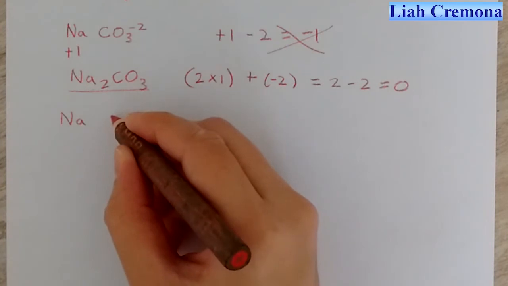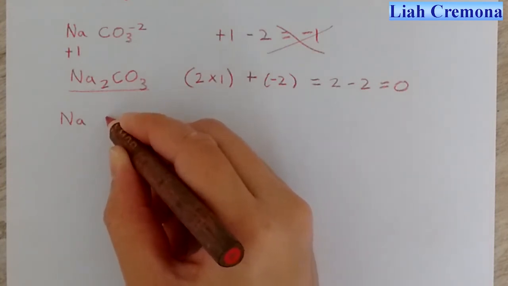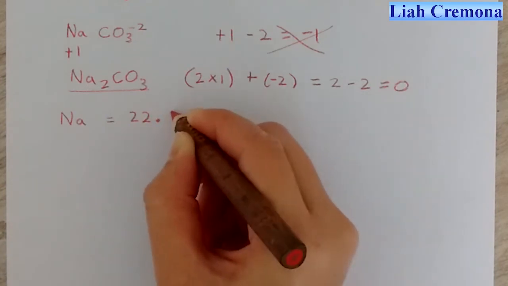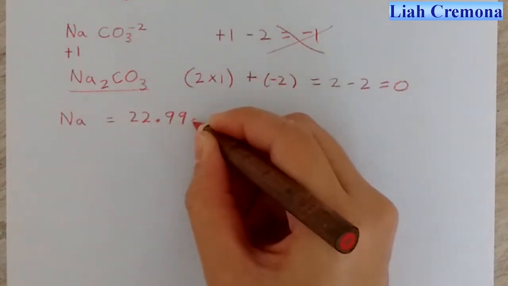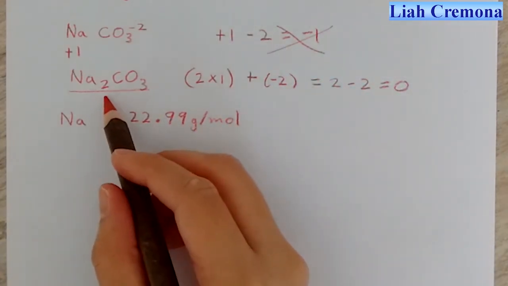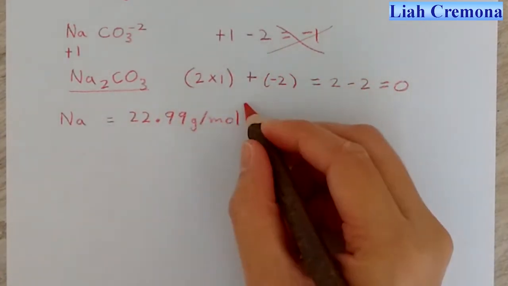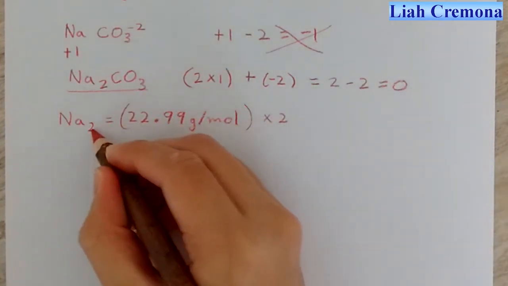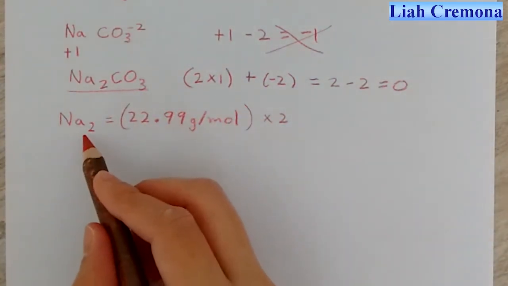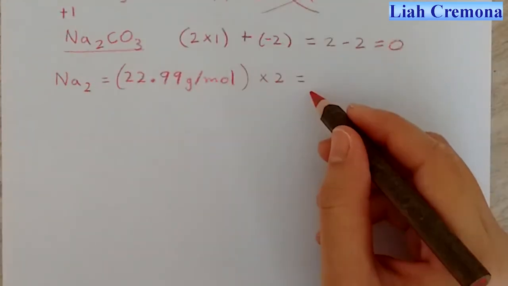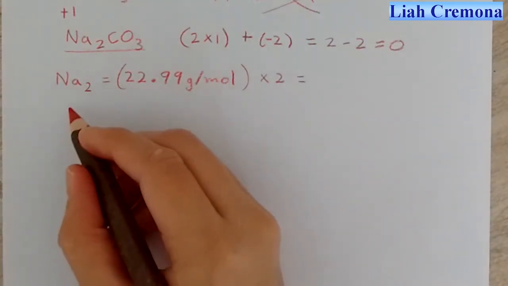Sodium has a mass number of 22.99 grams per mole. Now, as we see here, there is a 2. We must multiply this value by 2 to yield the molar mass for 2 sodiums. And we will calculate that later.